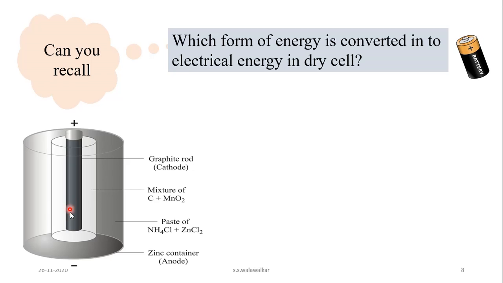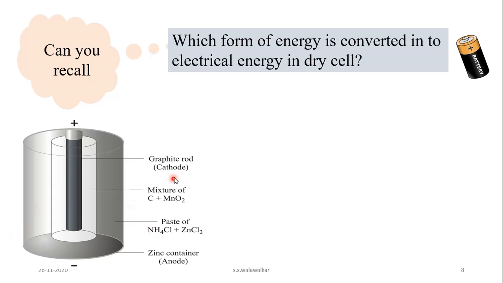In a dry cell, the middle portion is made up of a graphite rod and it acts as a positively charged electrode. Here it is surrounded by carbon and manganese dioxide, and the remaining part is filled with NH4Cl and ZnCl2, which act as an electrolyte, and the whole assembly is present in a zinc container.